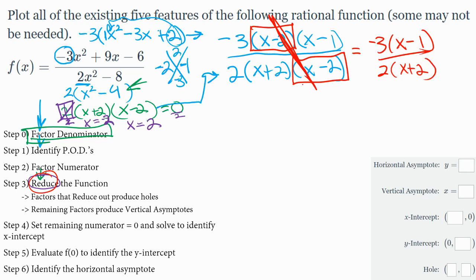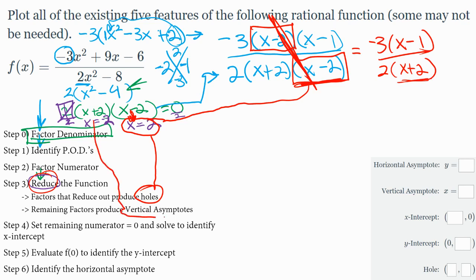Now, again, the reason why we care about which denominator factor canceled is because that tells us right over here that this positive 2 that came from this x minus 2 is a hole. The other one, the x plus 2 that is remaining, is a vertical asymptote. So this x plus 2 is a vertical asymptote.